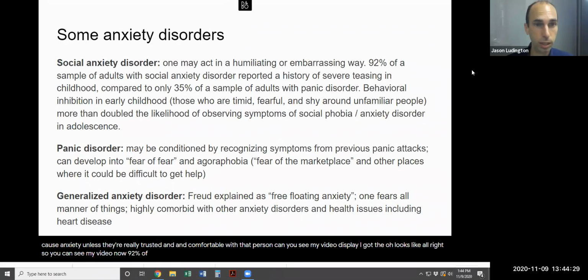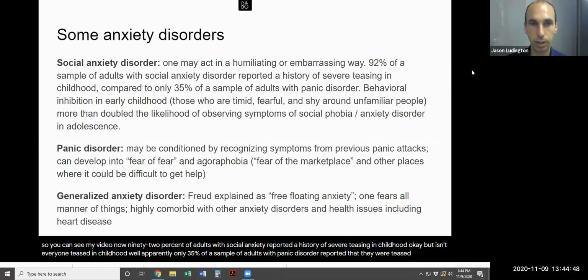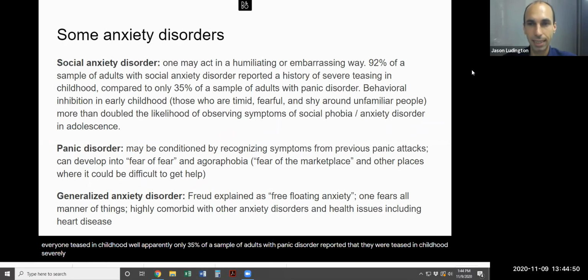92% of adults with social anxiety reported a history of severe teasing in childhood. Okay, but isn't everyone teased in childhood? Well, apparently only 35% of a sample of adults with panic disorder reported that they were teased in childhood severely.